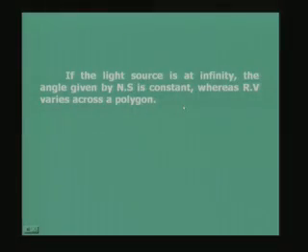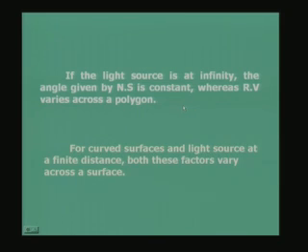Whereas R dot V varies across a polygon, because the viewer direction could change. You could look at the polygon from a different direction. For curved surfaces and a light source at finite distance, both these factors vary across the surface. This is very interesting. When talking of a curved surface, you cannot assume that n is constant, because n could vary for a curved surface.